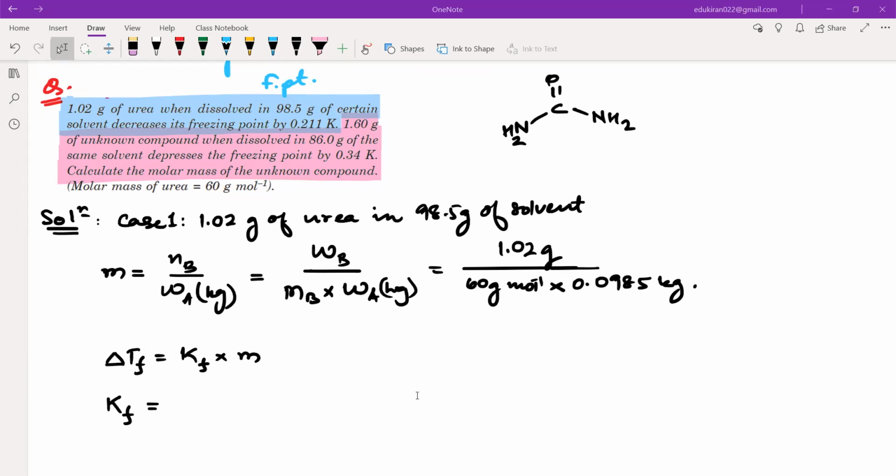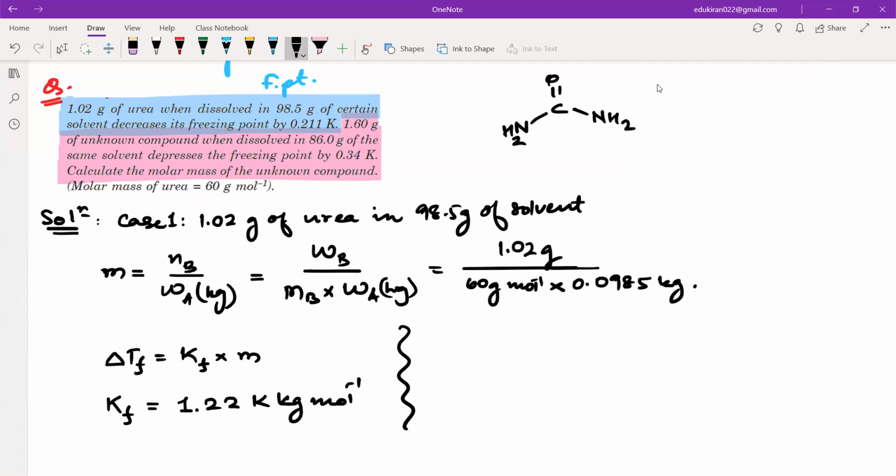Those who are not getting the answer till now, KF will be equal to around 1.22 या 1.23, कुछ भी आ सकता है, according to however you are calculating, Kelvin kg per mole.